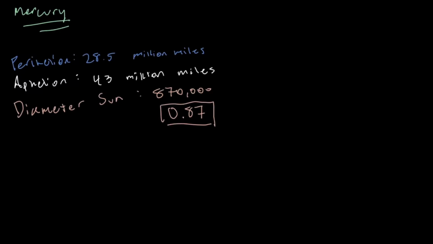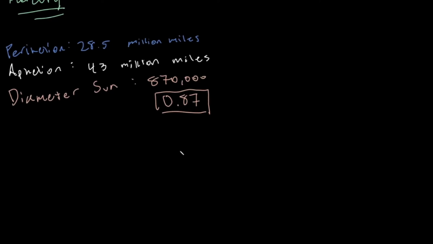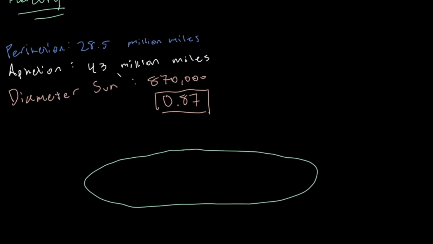So let's draw a picture. I'm going to draw Mercury's orbit here in green. Some elliptical orbit, and Mercury is orbiting all around this ellipse. Everywhere on this ellipse Mercury will be, and the sun is here at one of the foci.